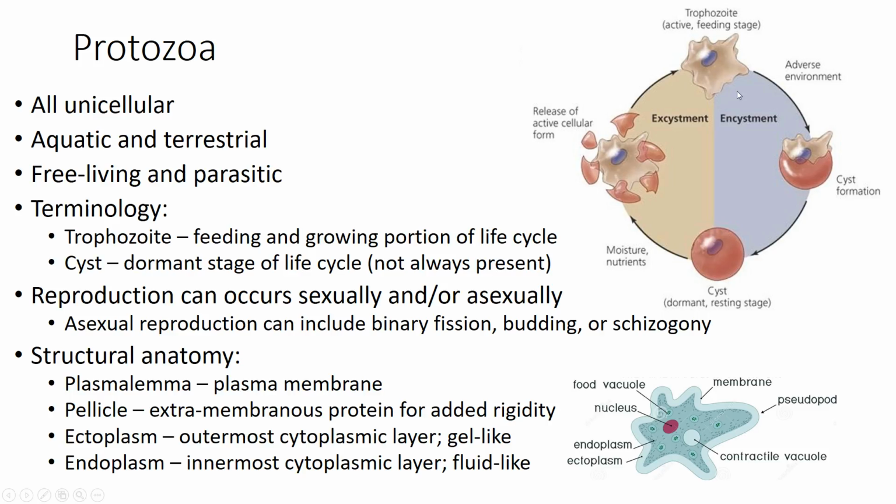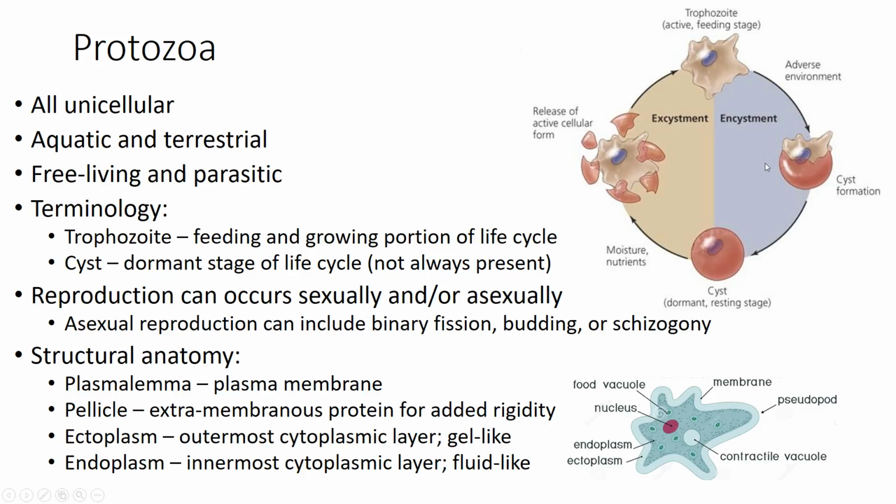If this is a parasitic protozoan, the trophozoite stage is going to be the stage where it's inside of its host, typically causing some sort of damage. So if it's in its active trophozoite stage, and then we have something that is bad for the protozoan, maybe the temperature is bad, it runs out of food, something of that nature, the trophozoite has the ability to encyst.